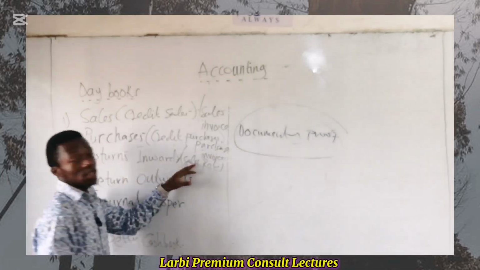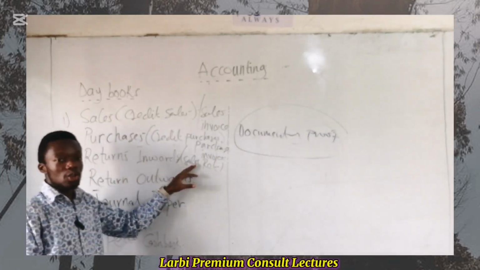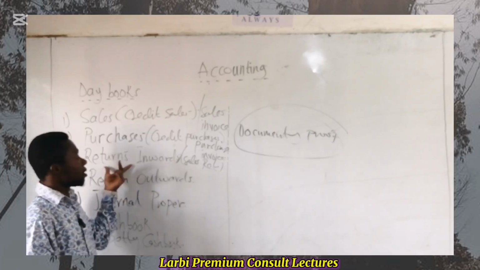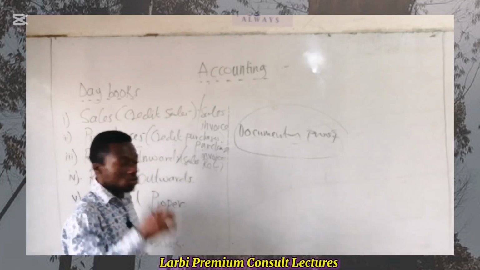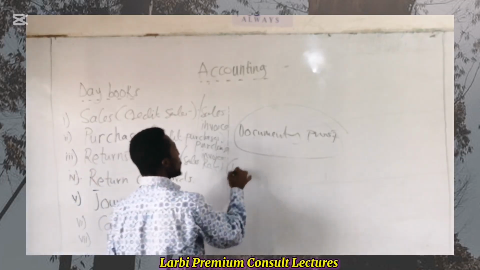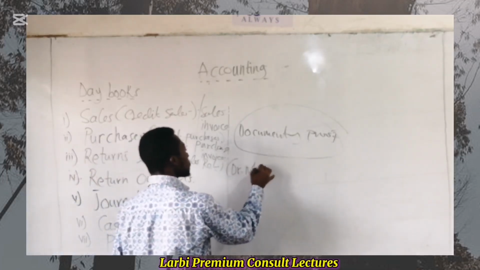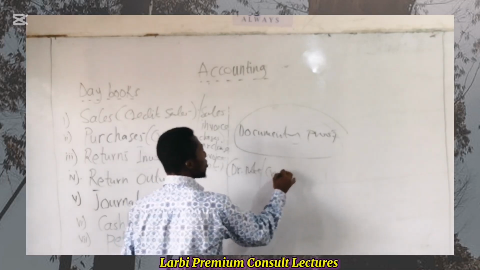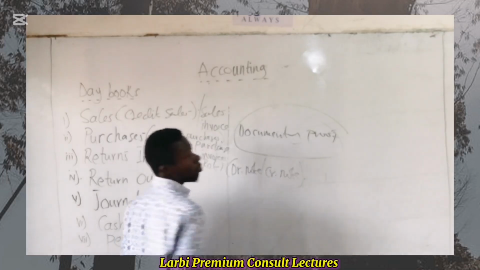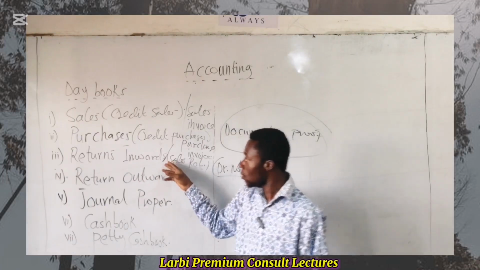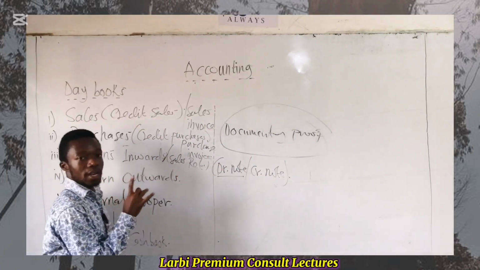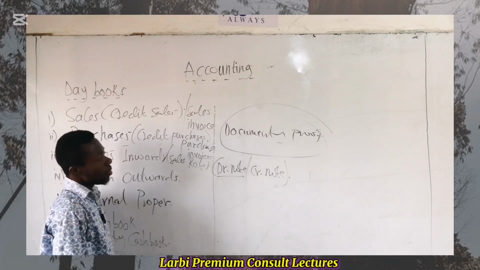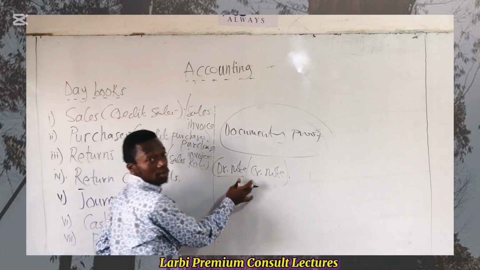And here, it's pretty simple. When it comes to the source document that we use to record return invoice transactions or sales returns, it comes in two forms. We have the debit note or the credit note. When it comes to the return invoice, if it is the customer who is the first to issue the note, the customer is going to issue a note called the debit note.